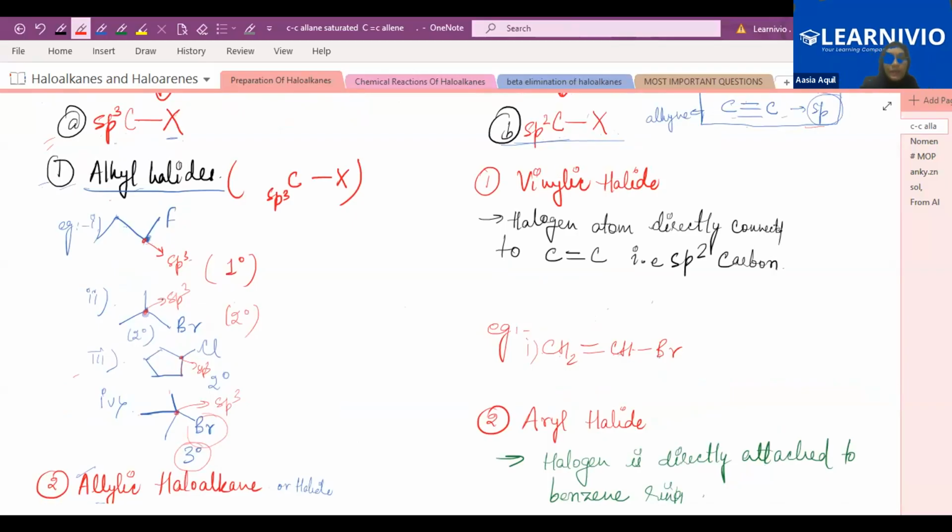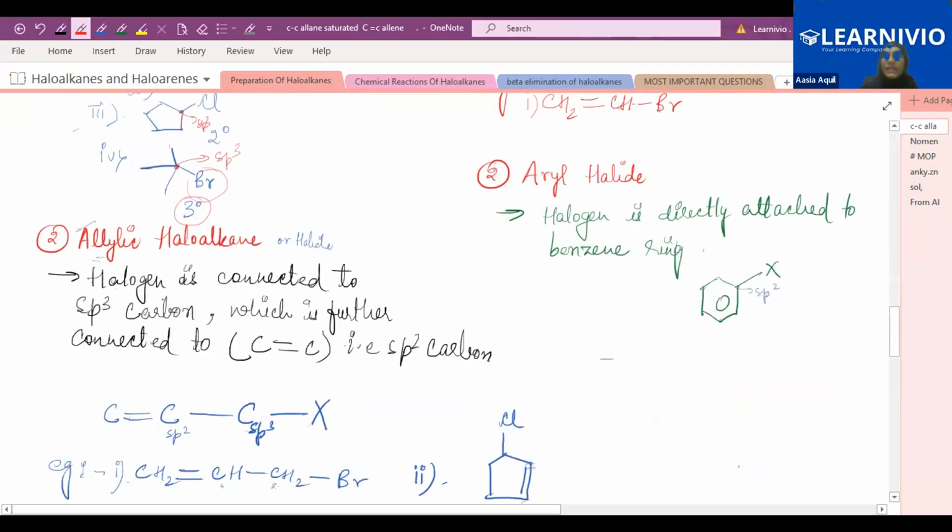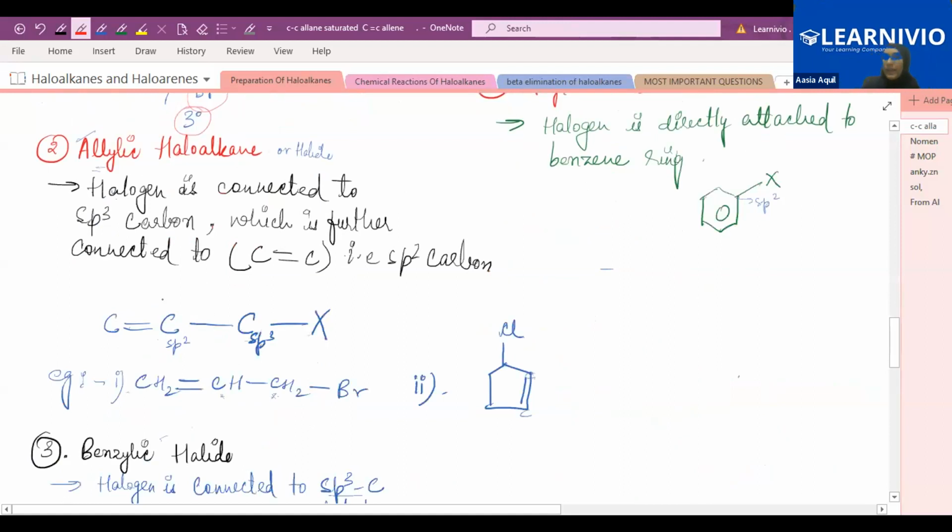Now the second type is allylic haloalkane, or allylic halide; both are the same. In this case, the halogen atom is connected to an sp3 carbon, which is further connected to an sp2 hybridized carbon.